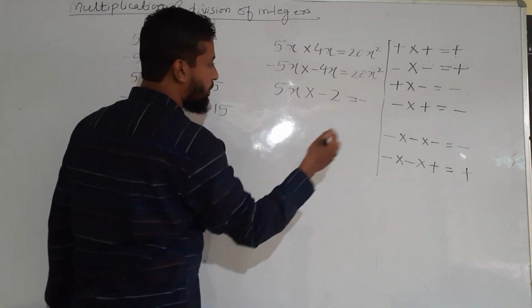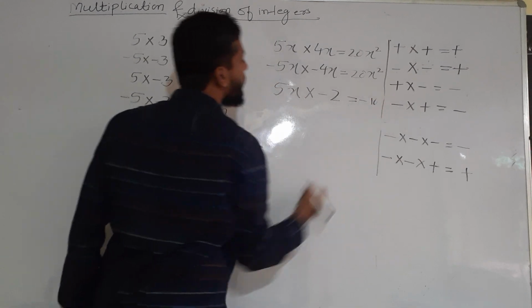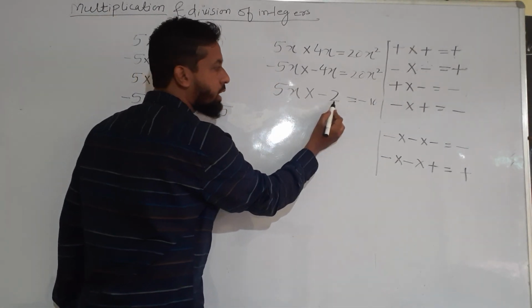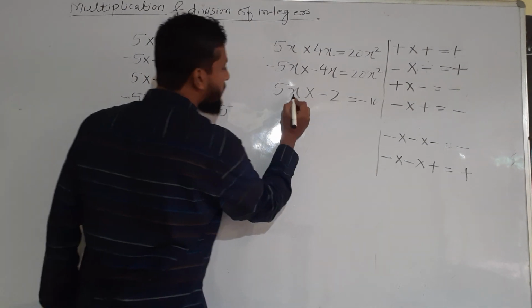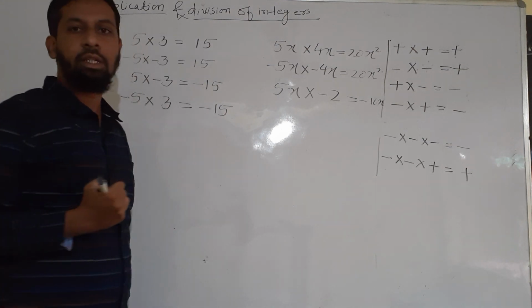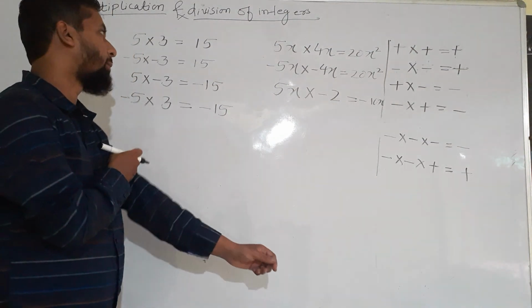Then multiply the numbers. 5 2s are 10. Then the variable is only with 5, not with 2, so this x will be as it is. The result will be minus 10x. Like this we have to multiply.